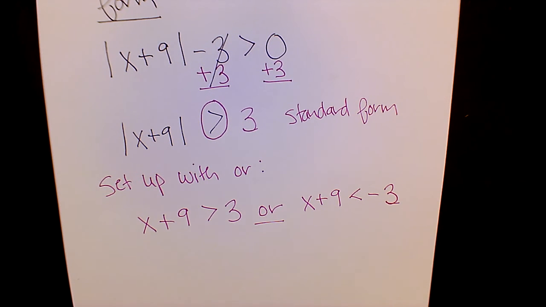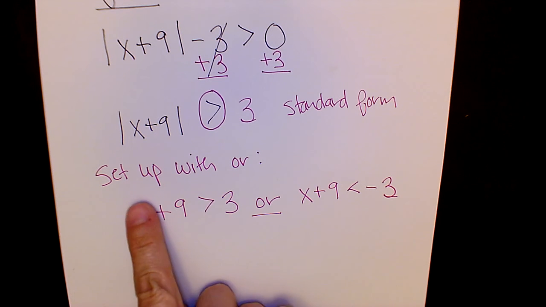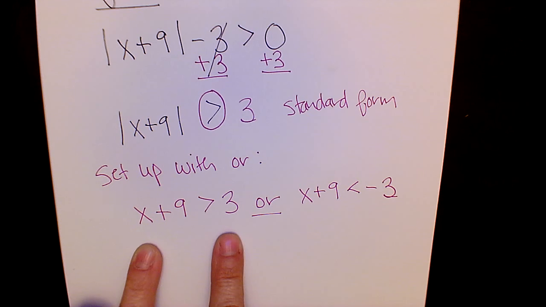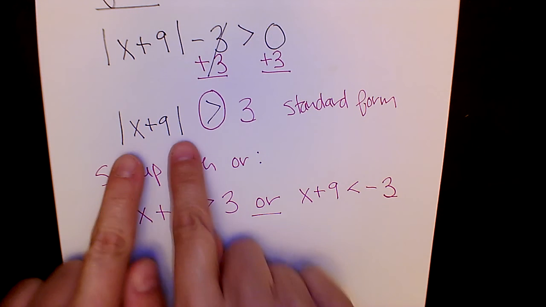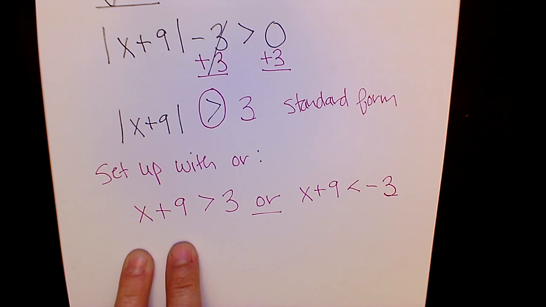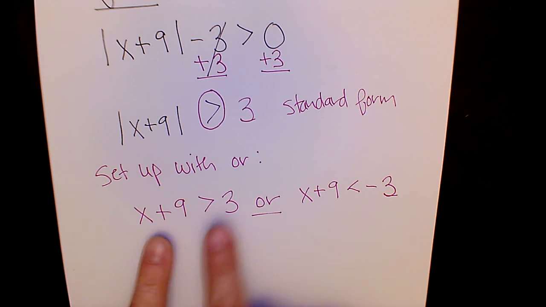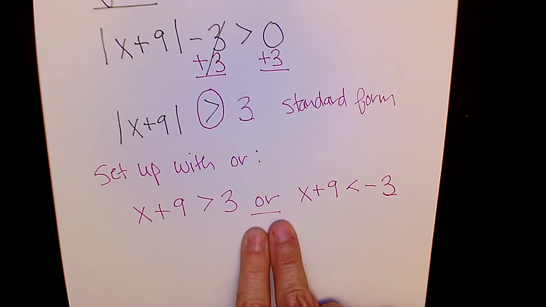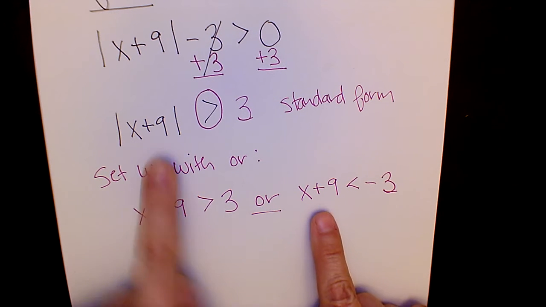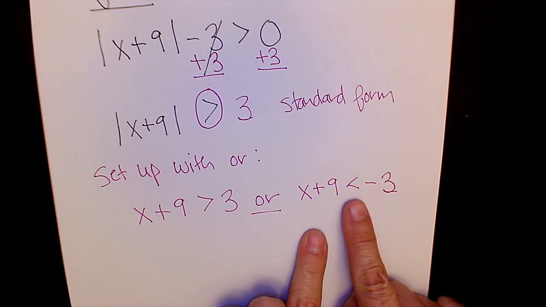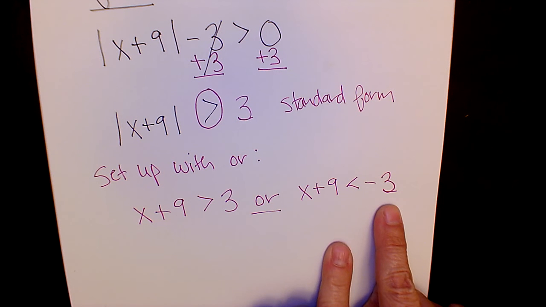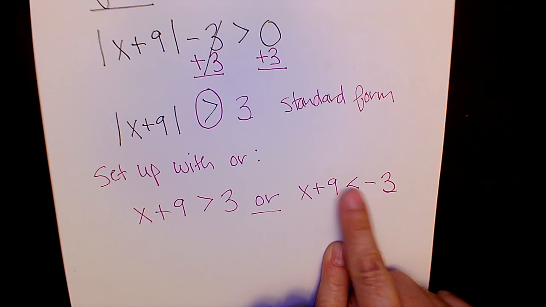So whenever I have an absolute value with a greater than, I'm going to set it up with an or. I'm going to set up two equations. I'm just going to bring this down, take this out of the absolute value. So it's x plus 9 is greater than 3. I'm just going to bring that down. Or, keep this the same, and then I'm going to change this to a negative 3, and it's going to be a less than.